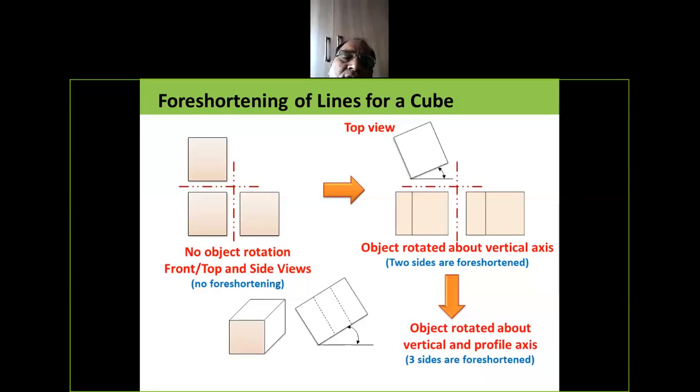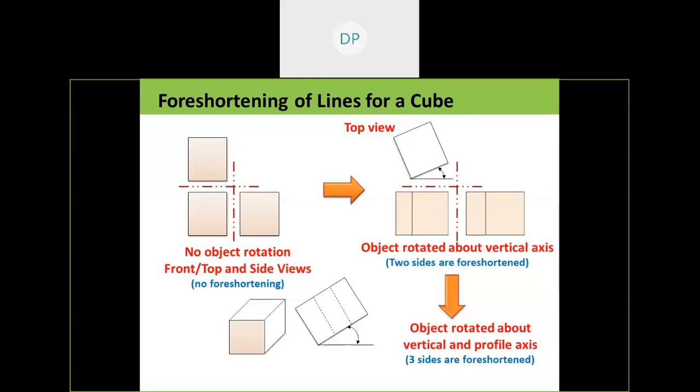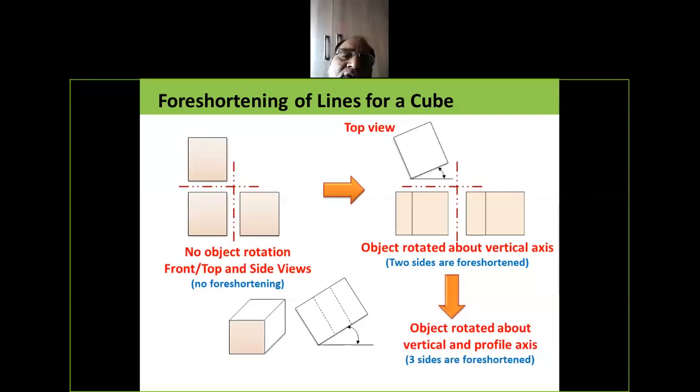Now, in the first picture, there are no object rotations, front and top sides, no foreshortening. In that case, if there is no rotation of the object, there is no shortening of length.